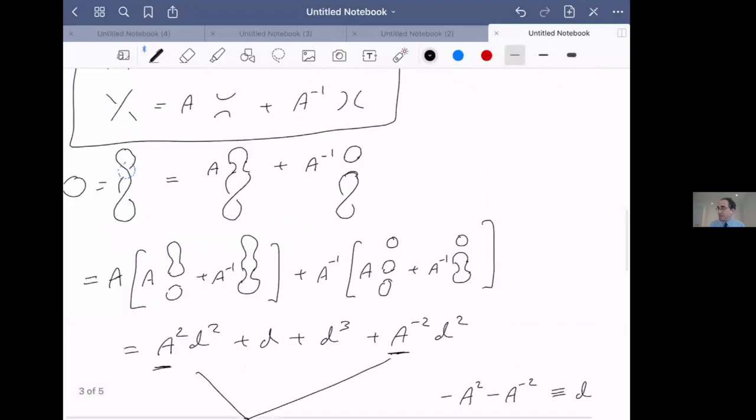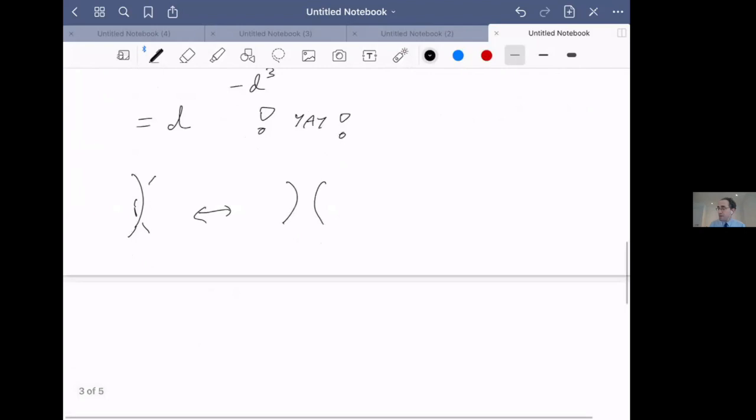That's basically what we did here. We pulled two strings over each other, just like this. And then you also have to check things like, if I have a picture like this, I can deform that into a picture like this and still get the same result.